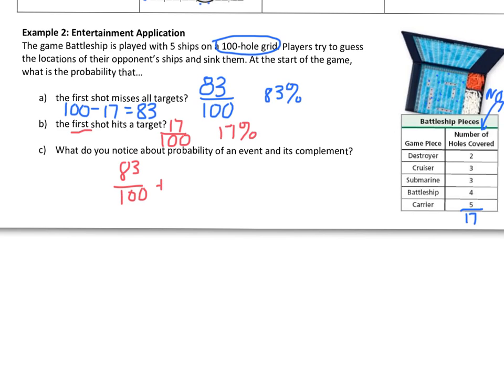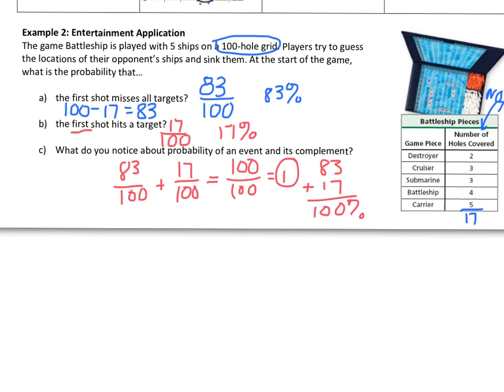If you add them up, you get 100 out of 100, which is 1, or if you add the 83% and the 17%, you get 100%. This is the rule of complements. Whenever you have two complements, when you combine their probabilities, it has to equal 1, because nothing else can happen.